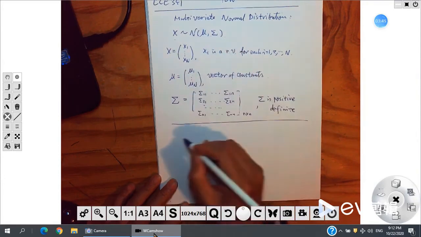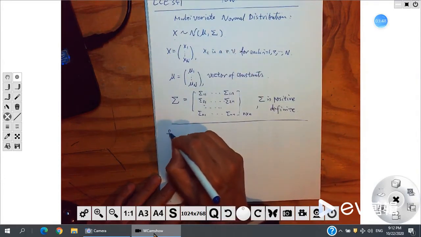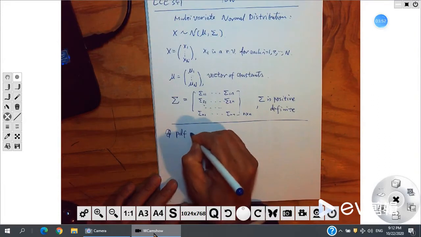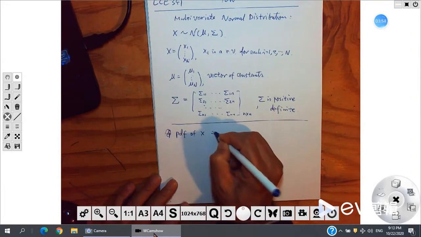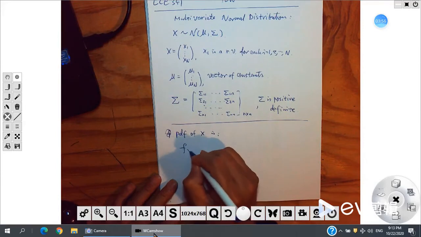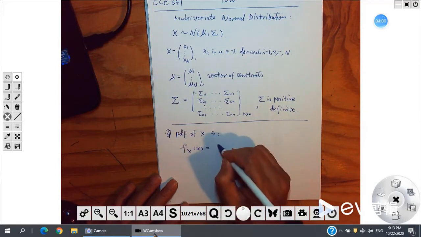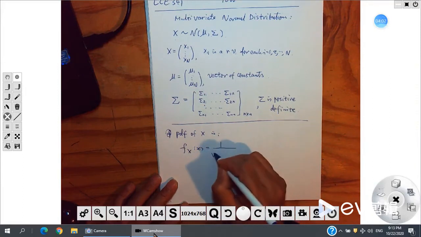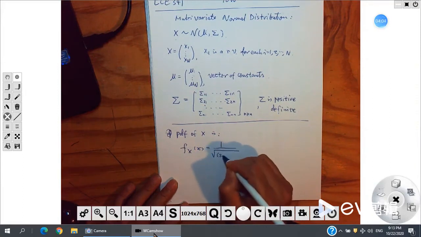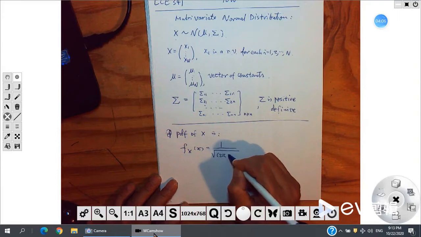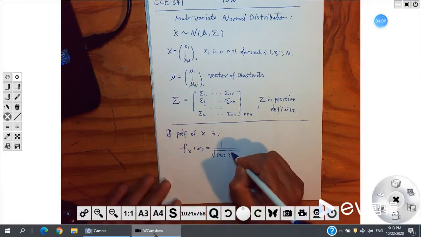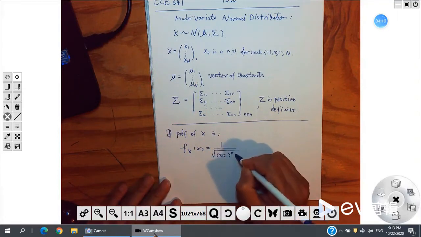That means we have the PDF of X. f_X(x) equals 1 over the square root of 2 pi to the nth times the determinant of sigma.